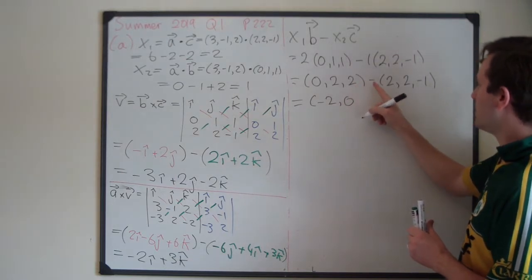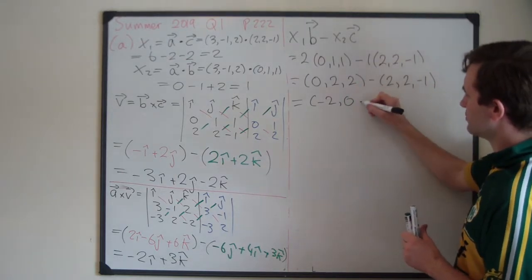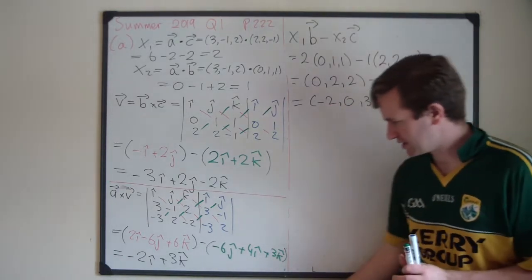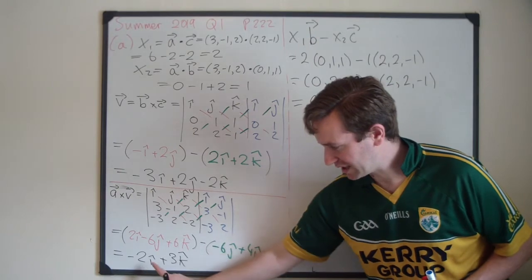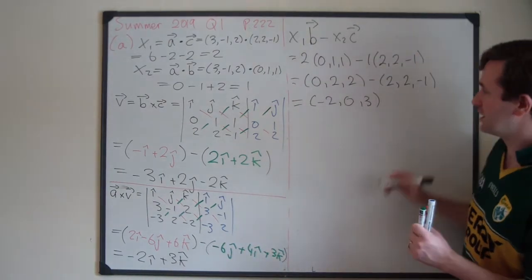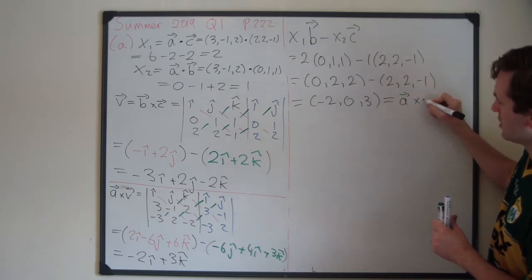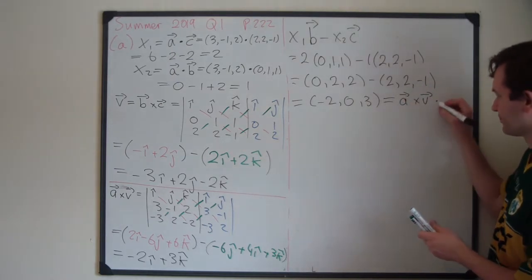And 2 minus minus 1 is 2 plus 1, which is 3. Minus 2 along the x, 0 along the y, 3 along the z. Same as minus 2 along the x, 0 along the y, 3 along the z. So this is indeed equal to A cross V.